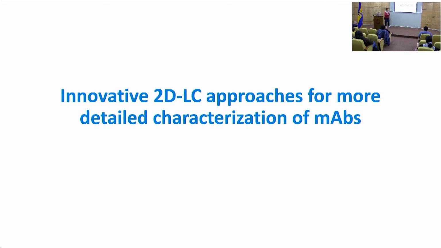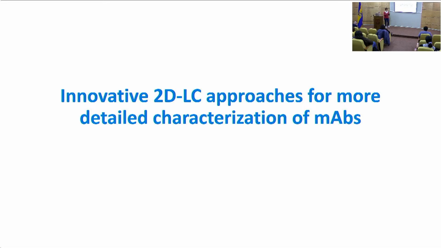For instance, in the monomeric peak on SEC, I see a monomeric peak, so I can say, okay, we have one peak, no truncation, no aggregation, but I don't know if under my monomeric peak there is a conformational modification or a modification that is not highlighted by SEC.